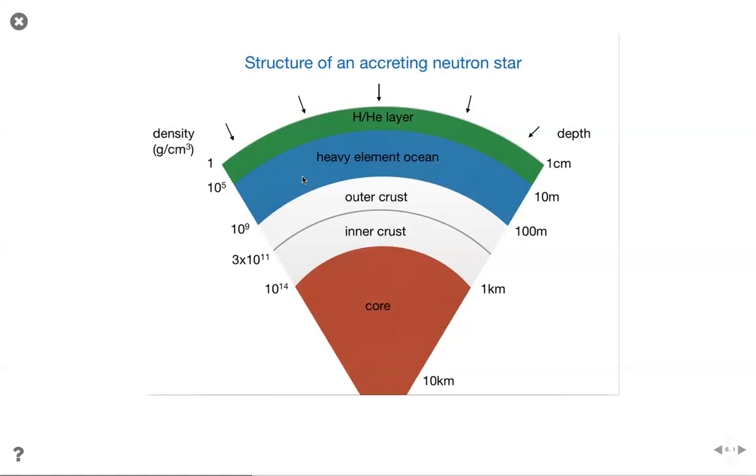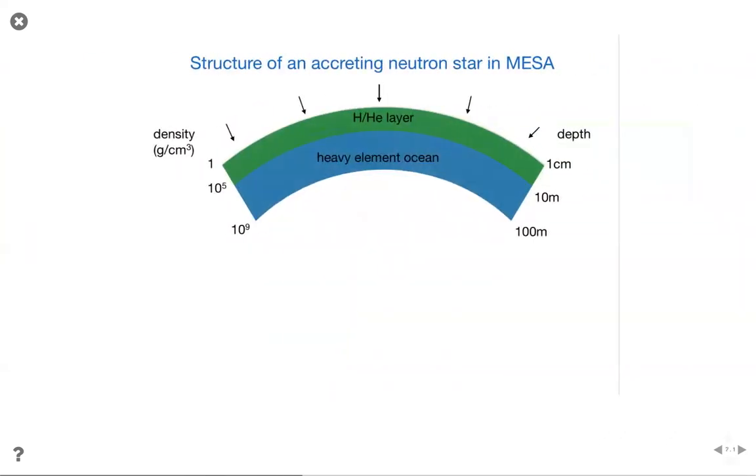Okay, so in this case we are going to use the MESA stellar evolution code, which will model thermodynamic and nucleosynthesis processes occurring only in this envelope, which includes only the blue and green parts of the schematic picture as shown here.